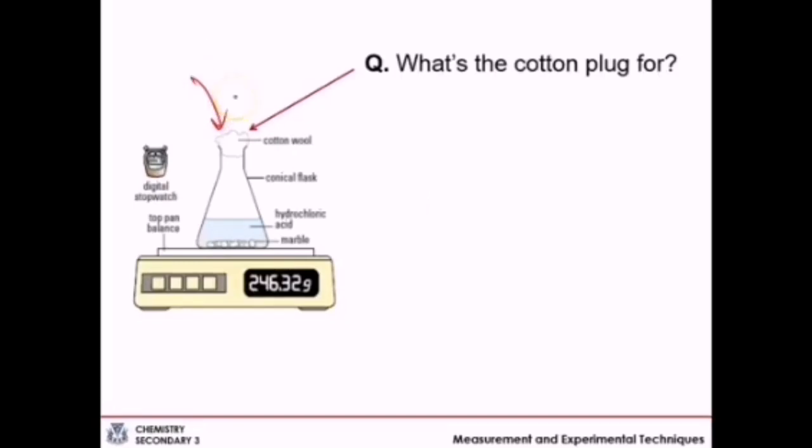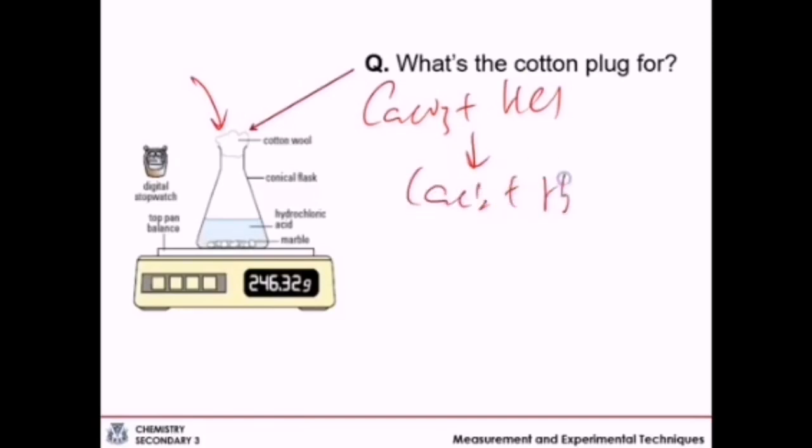What is the cotton plug for? If we put a cotton plug at the end of the flask, it means we don't want carbon dioxide to leave the mixture. We want the carbon dioxide, or any other gas which is produced, to remain there. For example, in this reaction, when carbon dioxide is released it tries to escape.